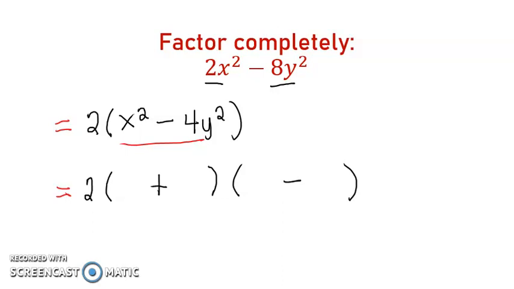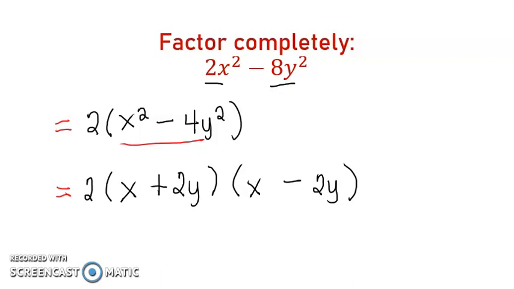Let's get the square root of x squared. Square root of x squared is equal to x. Okay, so we have here x. And square root of 4y squared is equal to 2y. Okay, now if you want to check if these factors are correct, we will just multiply these polynomials.